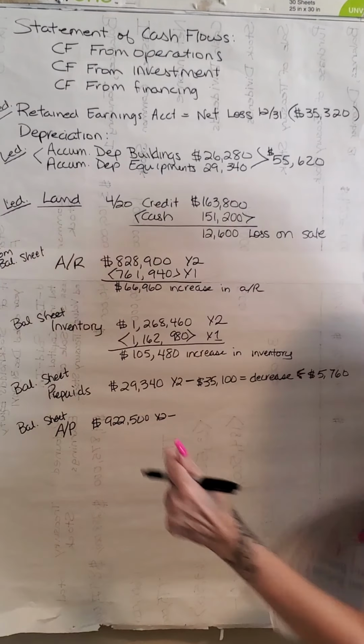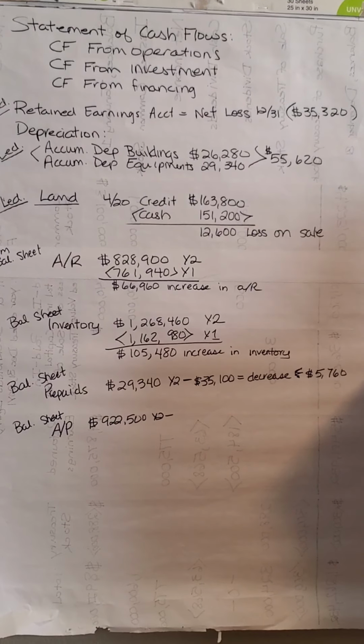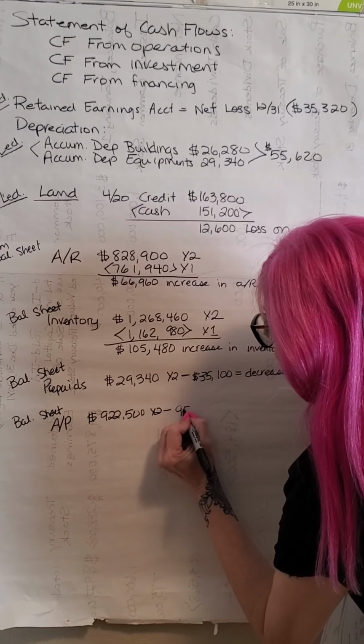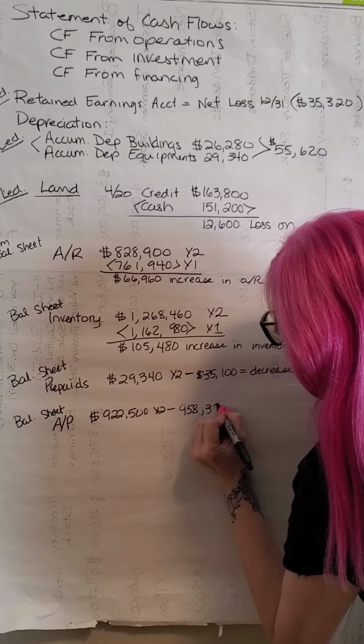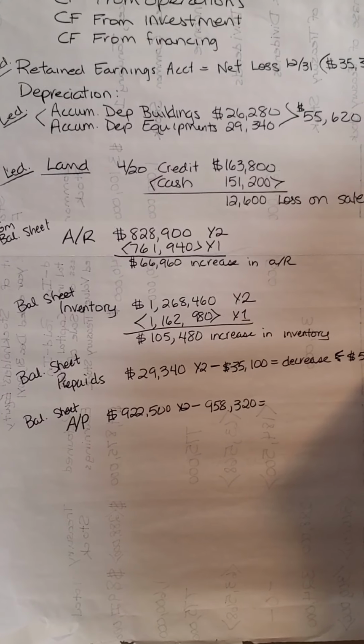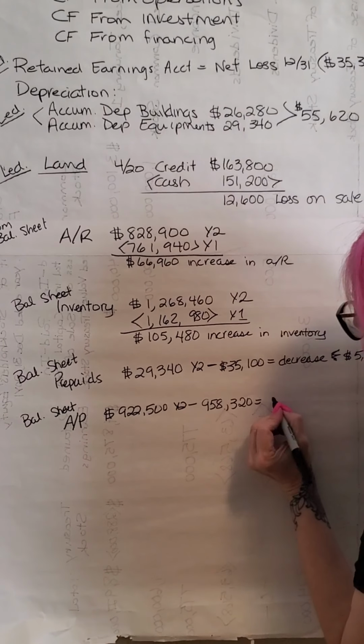It's year two. We're going to subtract from that the balance in year one, which was $958,320. That's going to give us a decrease in accounts payable of $35,820.